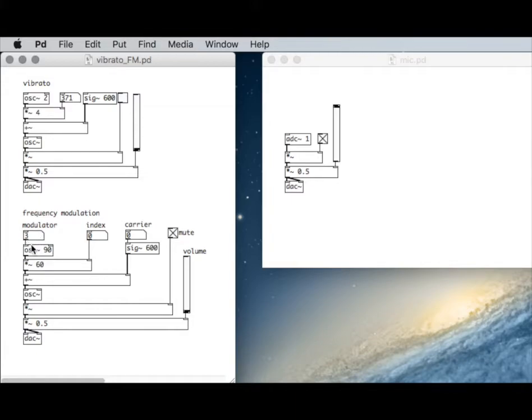So when the modulator is low, we have a vibrato effect. Generally with vibrato, we have a lower index than that as well. So let's hear what happens as we transition this from a vibrato to a typical FM sound.